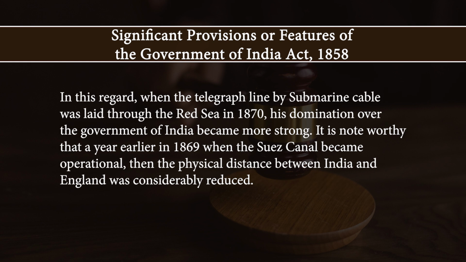It is noteworthy that a year earlier in 1869, when the Suez Canal became operational, the physical distance between India and England was considerably reduced. It can also be stated that when the territories of the company were taken over by the Crown, the Parliament lost its real hold and control over India.